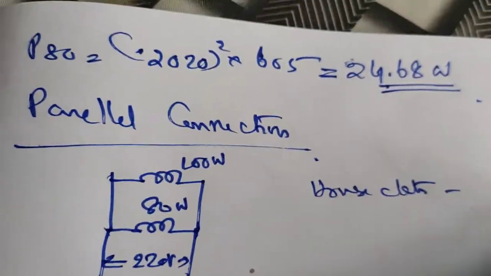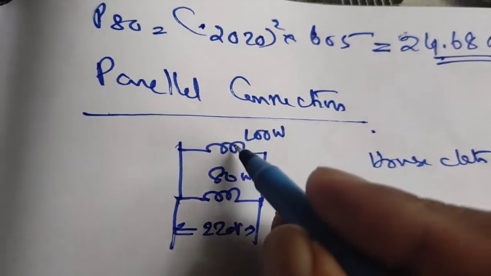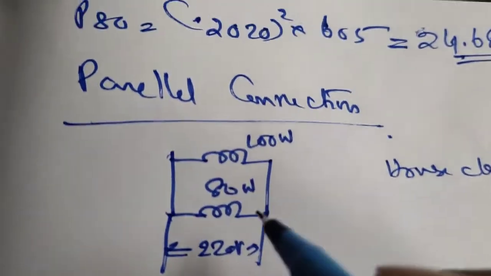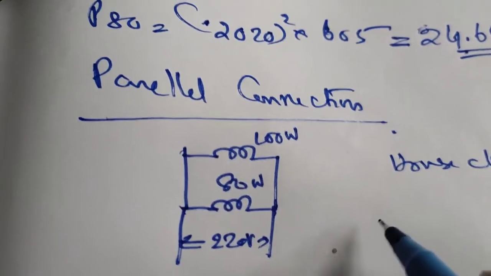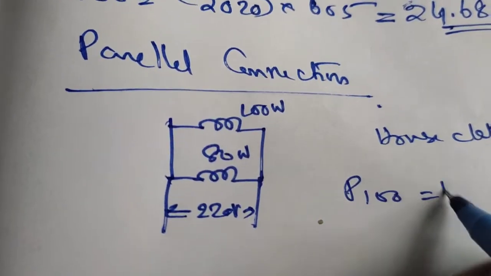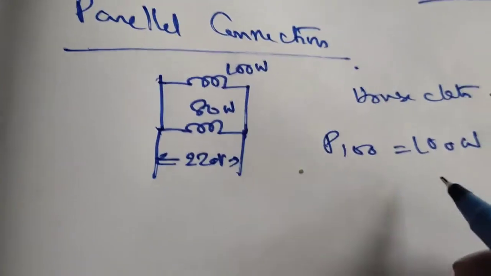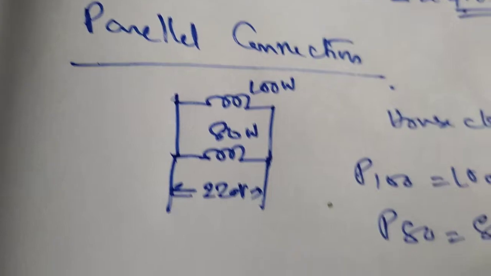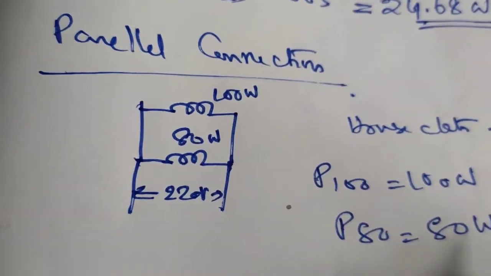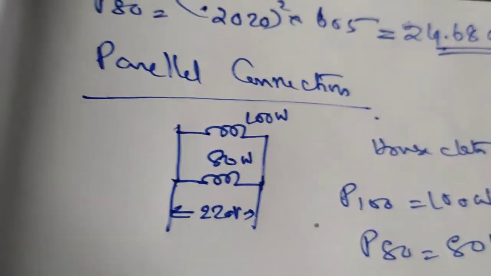So we know across the 100 watt bulb there will be 100 watt, and across the 80 watt bulb there will be 80 watt. So P100 is equal to 100 and P80 is equal to 80 watts. No change. Both will be the same.